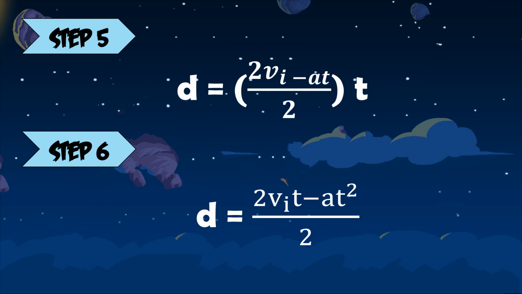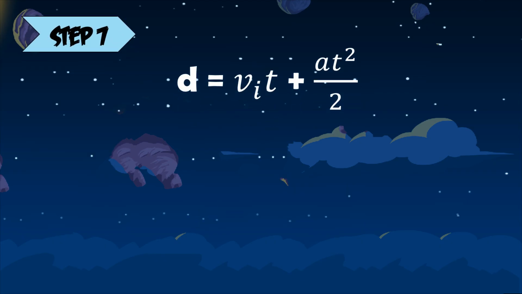We should combine same variables resulting to this equation: displacement is equal to 2 initial velocity minus acceleration times time all over 2 times time. Step 6. Distributing time will give us displacement is equal to 2 times initial velocity times time minus acceleration times time squared all over 2.